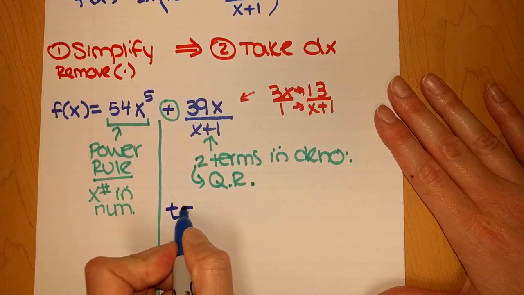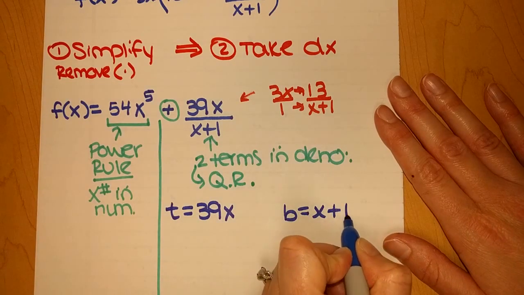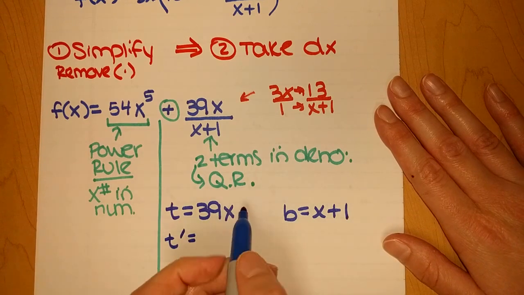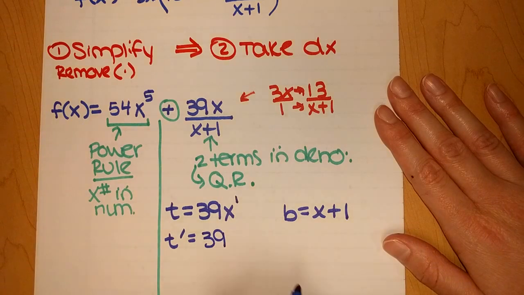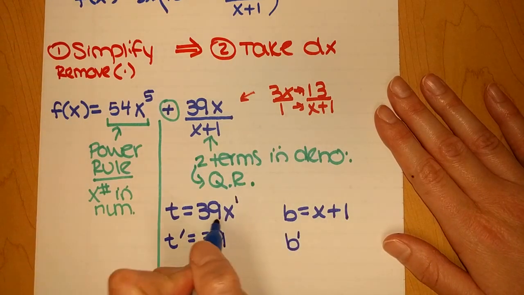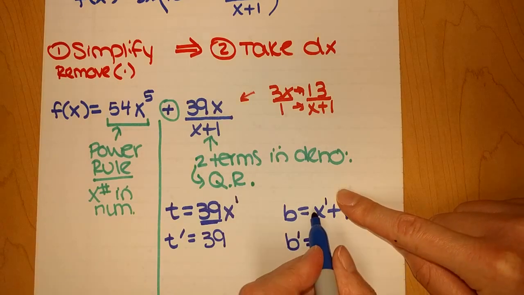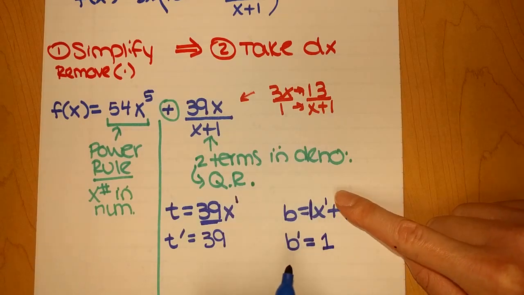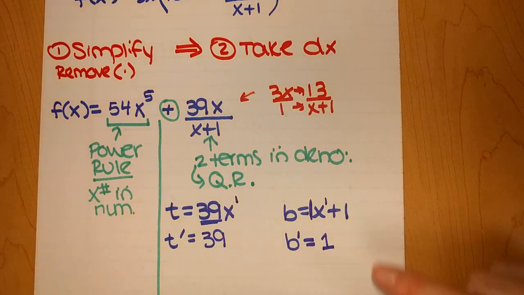So our top function would be 39x. Bottom function is x plus 1. Top function's derivative: we have a linear term here, x to the first, so its derivative is 39. Bottom function, we have x to the first, so that's linear, so we have 1 for that derivative, and then the plus 1 is going to go to 0.